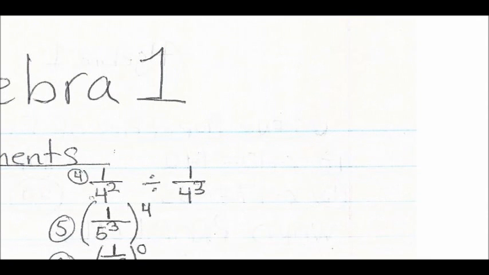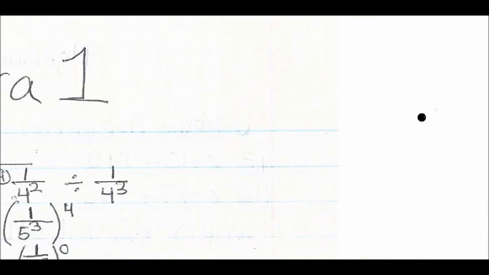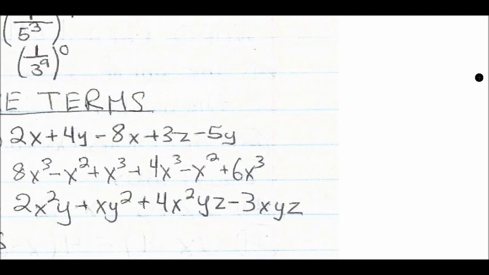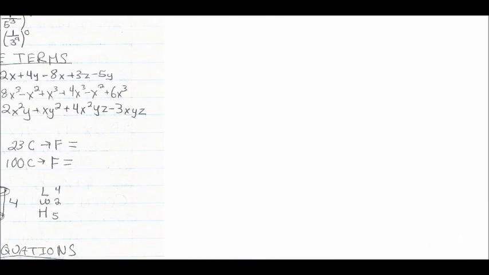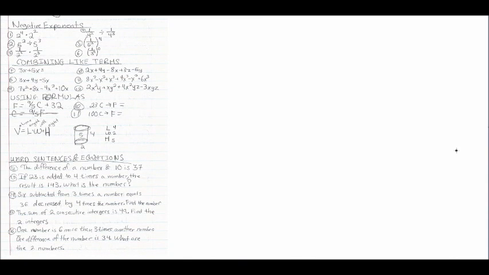So number 12 is a little bit long, bear with me. Instead of me writing it, maybe I can just magnify this particular problem. No, that doesn't work. I'll just rewrite it.